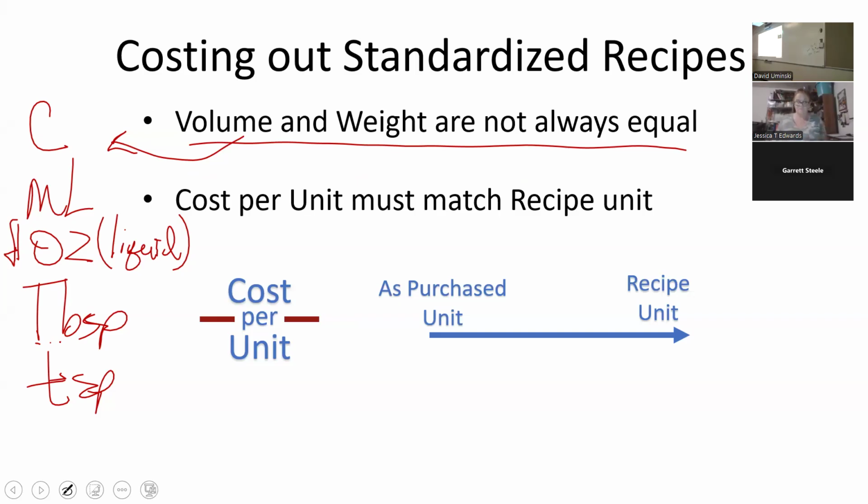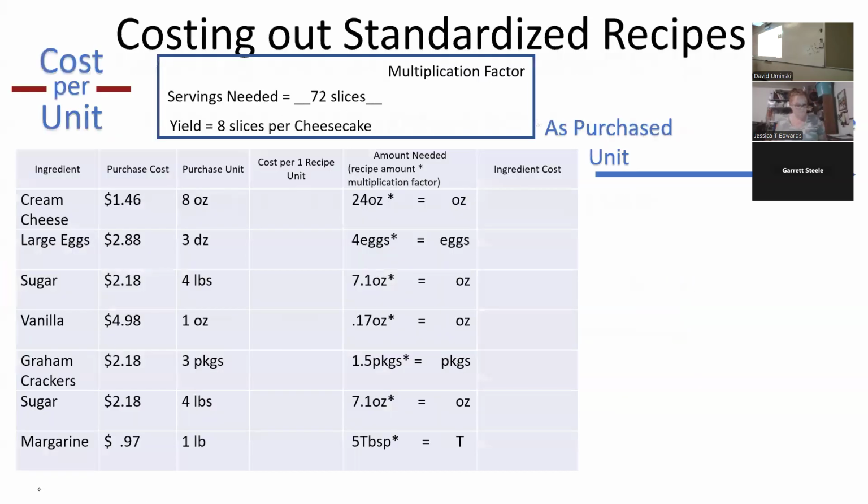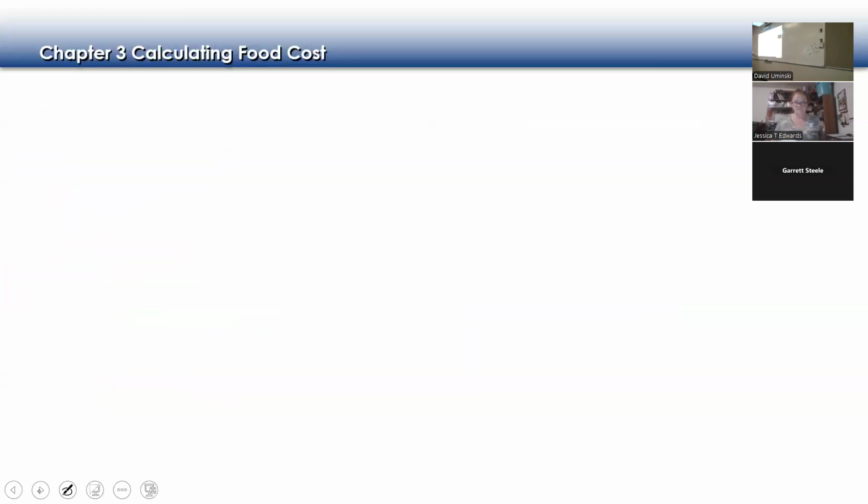A tablespoon is equal to half of a fluid ounce. But if I'm asking for the weight of a tablespoon of cinnamon, which is a dry good, I have to convert it to weight, and I'll use that website for that. We've already talked about this, so we're going to skip it and move on. We're going to go over this in more detail when we go over the project.